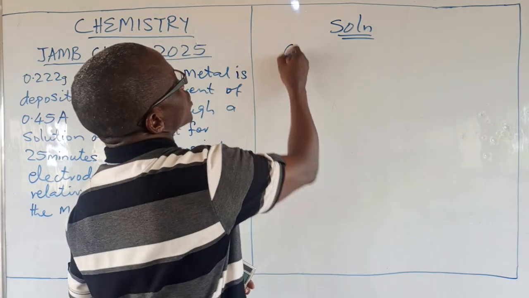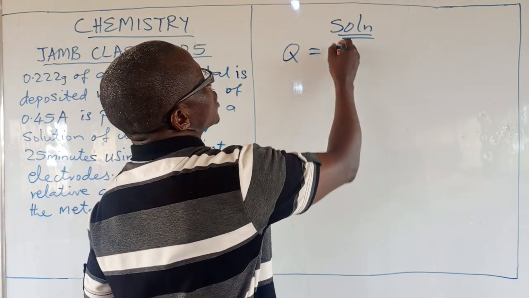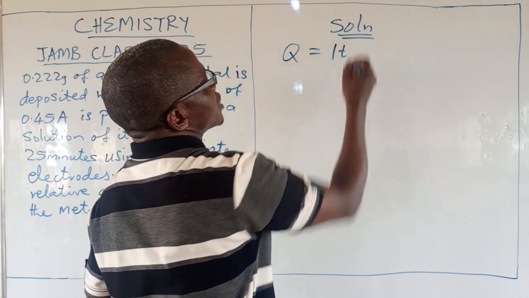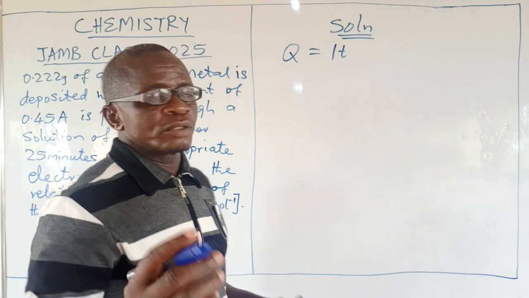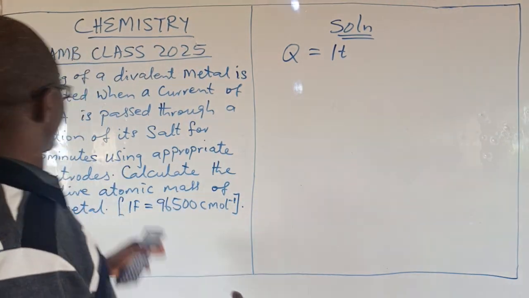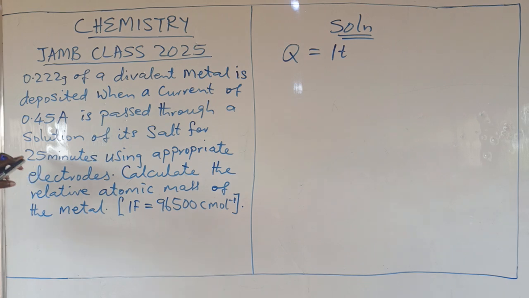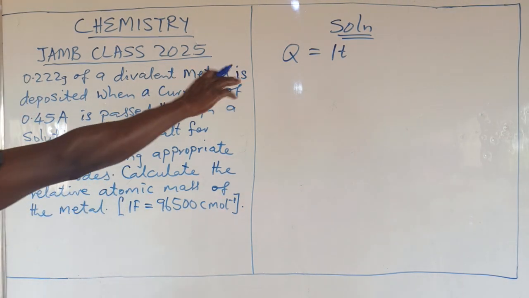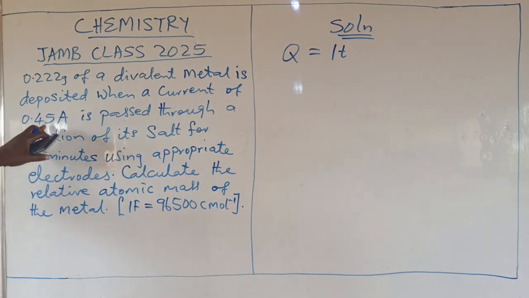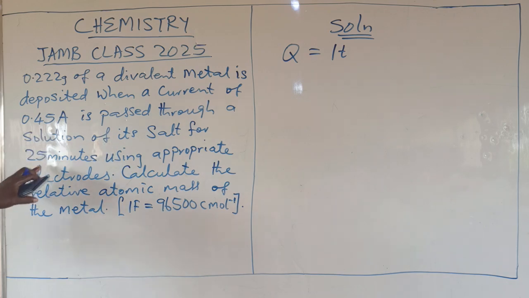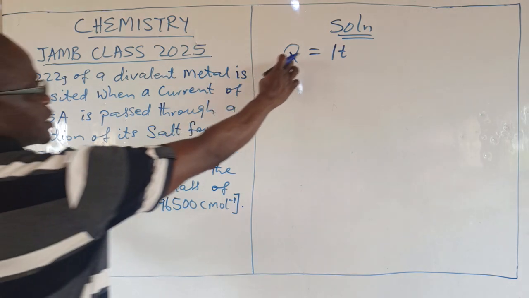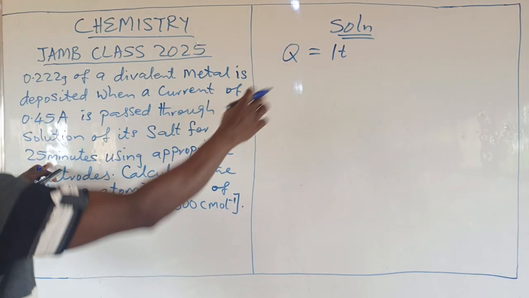Quantity equals current times time. Using this relationship, let's leave the mass first. We have the current and we have the time. Let's get the quantity using the two of them.